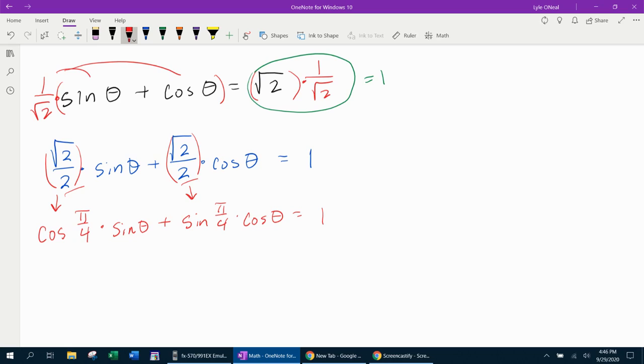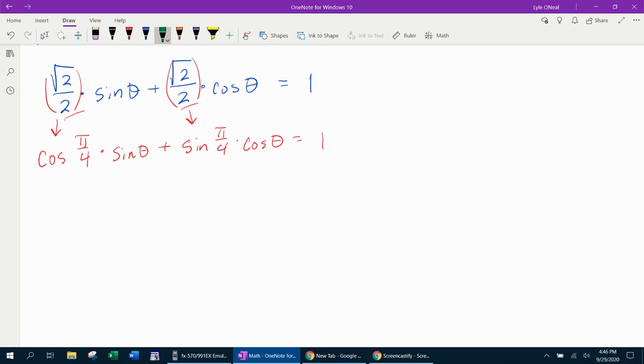And now what I'm hoping you're going to notice is that we have a sum or difference formula, okay? So if I rewrite this, knowing that multiplication is commutative and I can switch these around, that's going to say sine of theta cosine of pi over 4 plus cosine of theta sine of pi over 4.